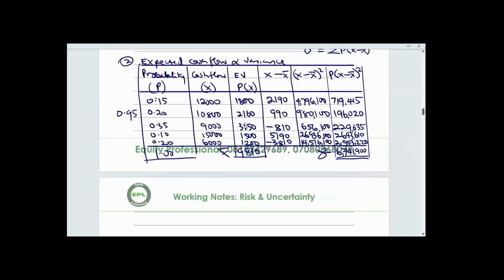To get the standard deviation, I say standard deviation is the square root of variance. You know variance is the summation of probability times (X minus X bar) squared.